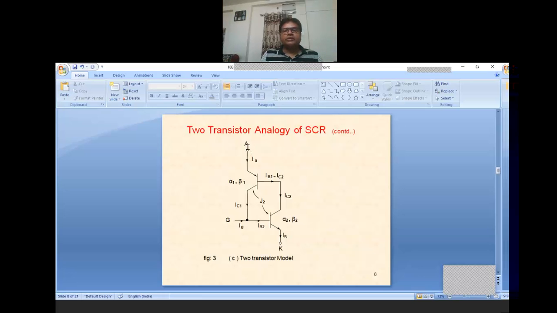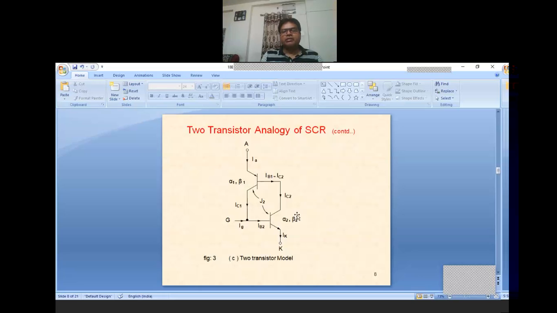The current flowing into the first transistor from the anode is Ia, coming out of the cathode from the second transistor is Ik, and once you apply a positive voltage between the anode and cathode, depending on the amplification of the first transistor, that is the PNP transistor, there will be a slight amount of collector current flowing into the base of the second transistor, or cathode transistor.